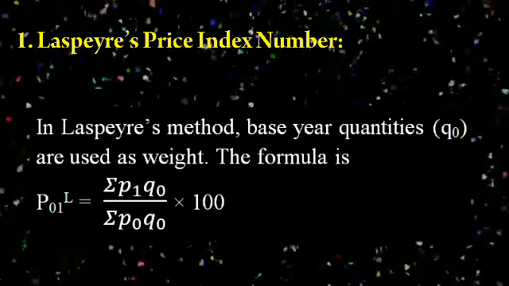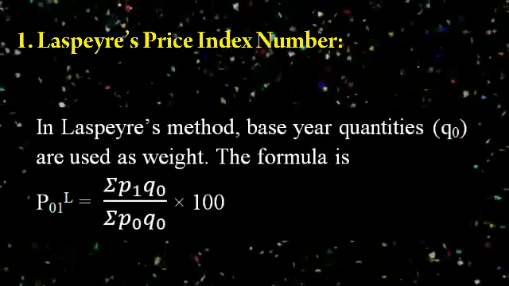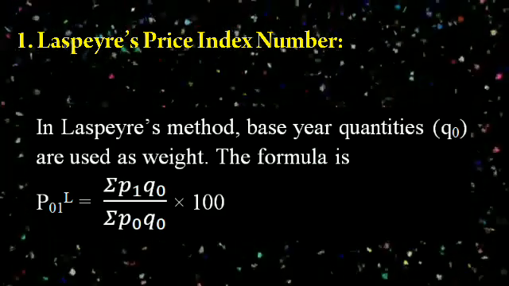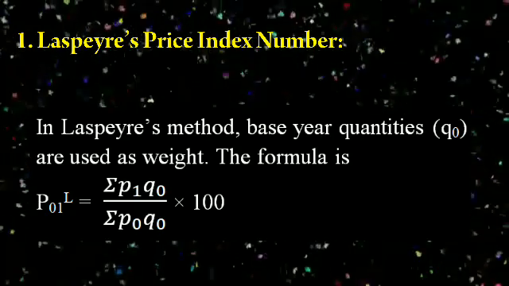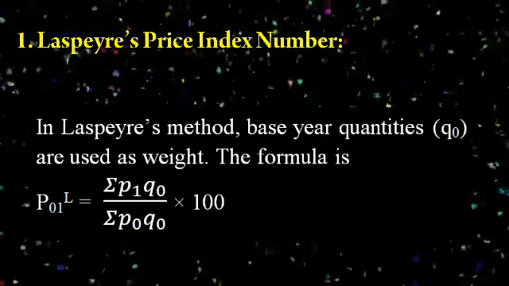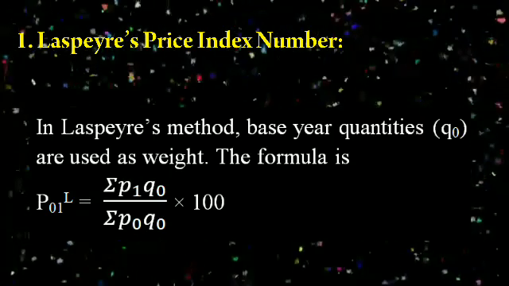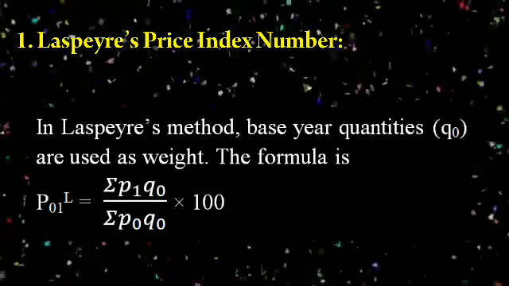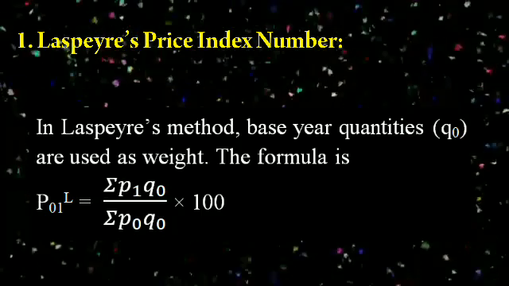In Laspeyres' method, base year quantities are used as weights. Since it is based on the weighted aggregative method, weight values will be assigned to the respective index number. So under Laspeyres' method, base year quantities will be taken as weights, which means consider the given formula. The formula is P01 of L. P is price relative.